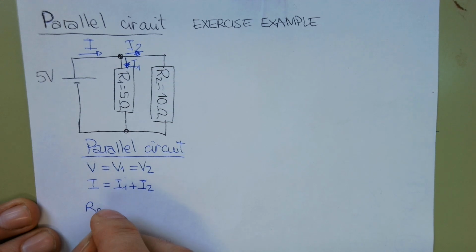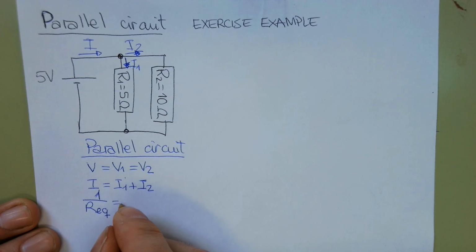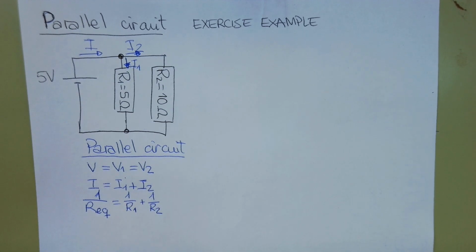And the equivalent resistance of the circuit is a bit complicated because I have to do the addition, but in fractions. 1 divided by the equivalent resistance is 1 divided by the first resistance plus 1 divided by the second resistance. Okay, my recommendation is using a table.